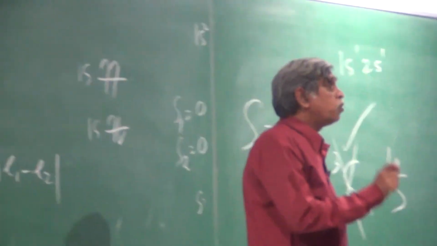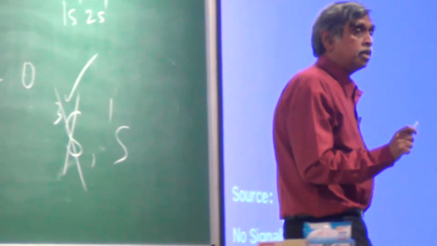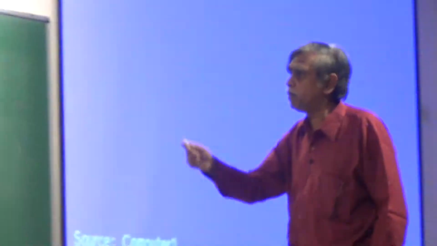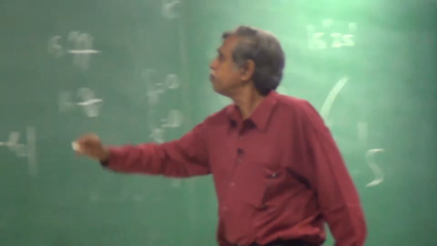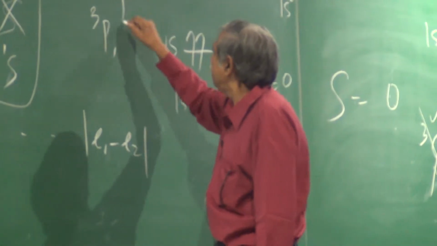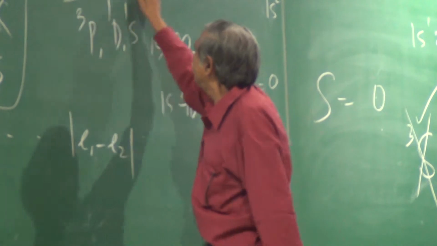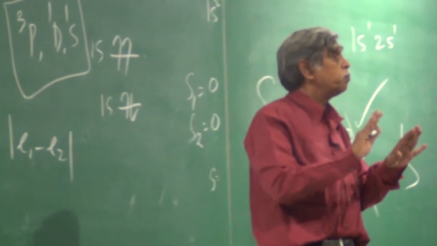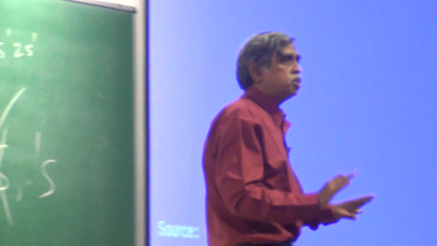And the only ones that are going to remain as Pauli allowed states for a 1s2, 2s2, 2p2 configuration are triplet P, singlet D, singlet S. So these are the possible states that you can get from 1s2, 2s2, 2p2 configuration.